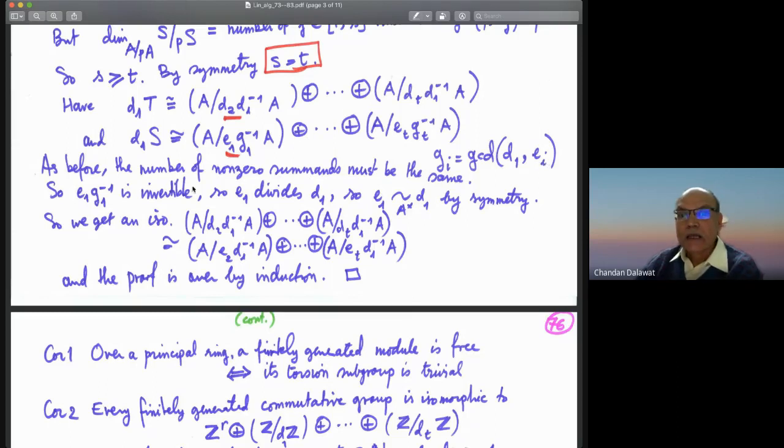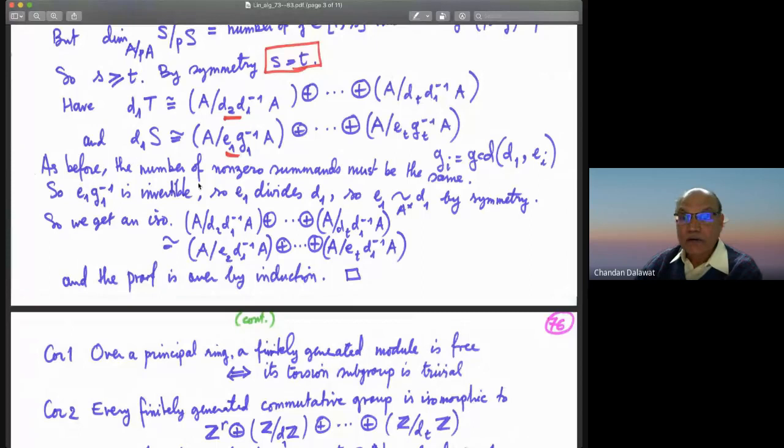Okay. Now let's look at the number of non-zero summands in this and in this. So then they have to be the same. But this has one term less than this one, right? This starts only at 2 and this starts at 1. T is equal to S, we have already established.